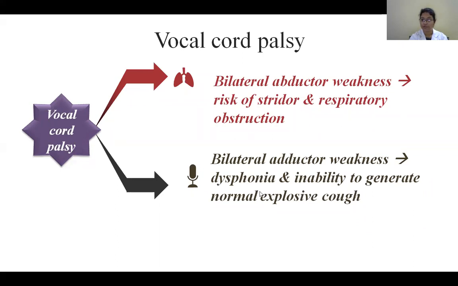So there would be dysphonia, as well as bovine cough, that is inability to generate the normal explosive cough. So these would be present in case of bilateral affection. If there is a unilateral lesion, that is usually associated with dysphonia, because vocal cord movements play an important role in phonation.